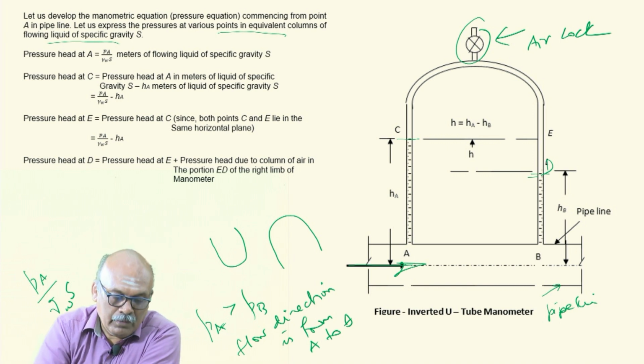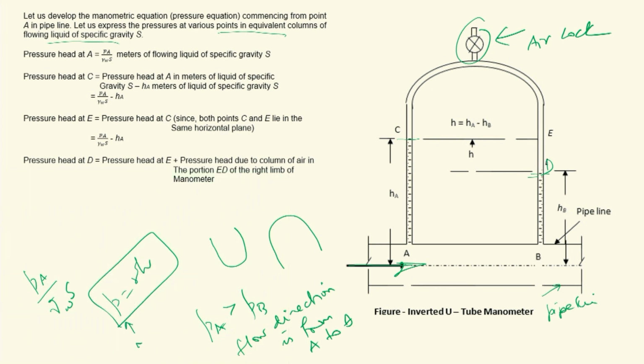PA by gamma WS. So we know the fundamental pressure equation is P is equal to gamma H. This is the general expression. So P is the pressure intensity in Newton per meter square. Gamma is the specific weight of the flowing liquid, say in Newton per meter cube, and H is the pressure head, equivalent pressure head in equivalent column of the liquid of specific weight gamma.